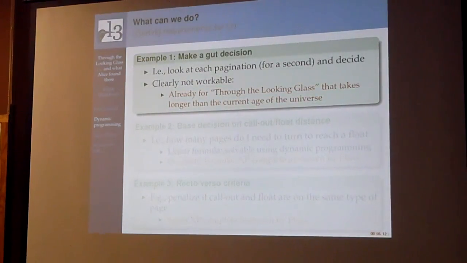And this is not possible for a very simple reason. It takes too much time. If we just need a second for one decision, this is a good solution, it's a bad solution, or better than the ones that I've seen, then we are already talking about hours for very short documents, and we're talking about, well, the age of the universe for something like a simple one.